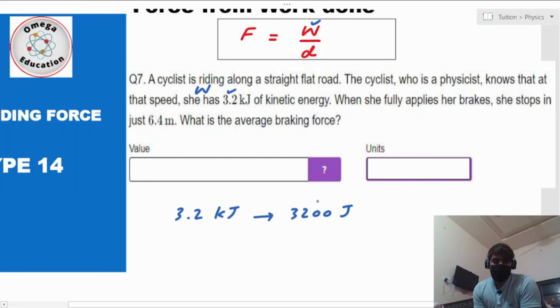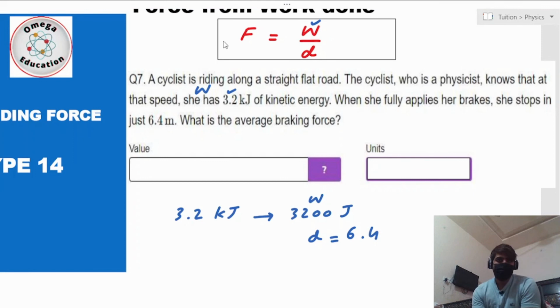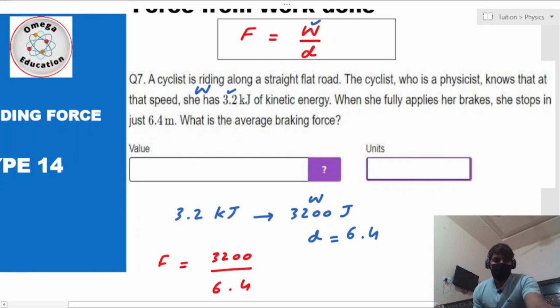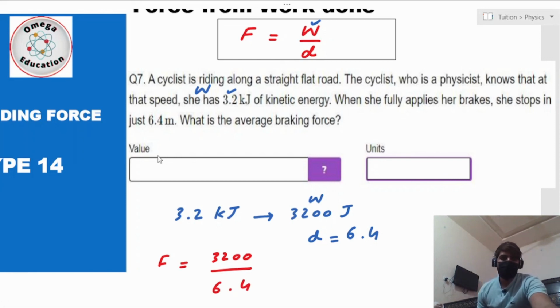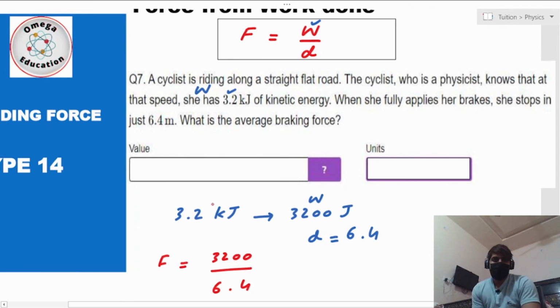So this is your value of W, and the value of D is 6.4, and you need to find the force. So that would be F equals 3200 divided by 6.4, and when you hit it on the calculator you get 500, and the unit of force would be Newton.